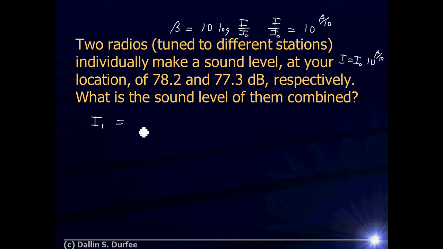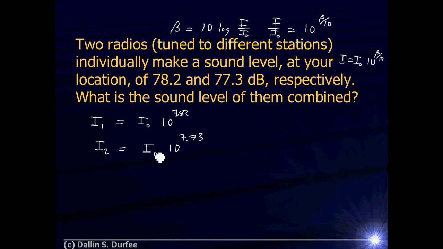So I1 is just going to be I naught, which is 10 to the minus 12 watts per square meter, times 10 to the 7.82. And I2 is just going to be I naught times 10 to the 7.73. So I've got my two intensities.